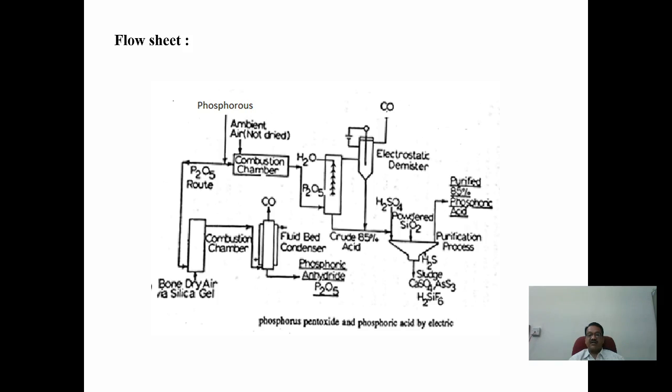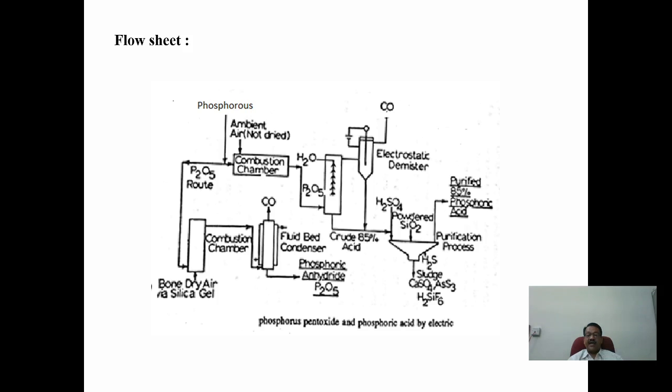It is mixed with 85% concentrated phosphoric acid and sent to the purification unit, where concentrated sulfuric acid is added to remove calcium salt as calcium sulfate.